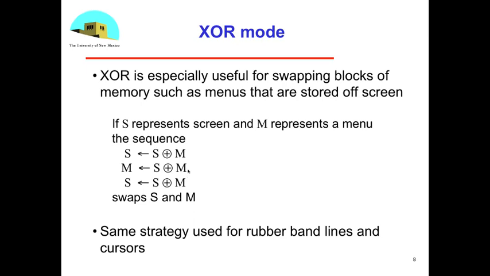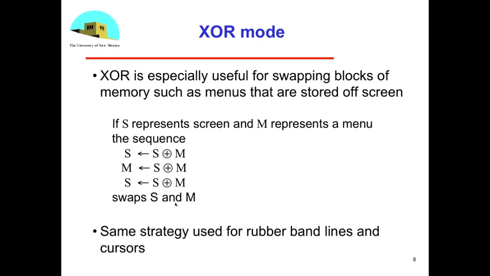And exclusive OR has the property that if you do S exclusive OR M exclusive OR M, exclusive OR S, excuse me, you get M. So now you've done the swap. You now have M on this display. And now if you exclusive OR that M with S again, the two S's cancel out. The two M's cancel out. Exclusive OR it with M again.